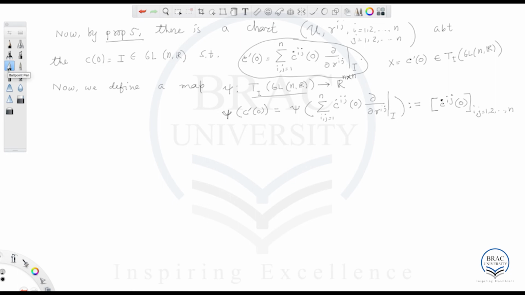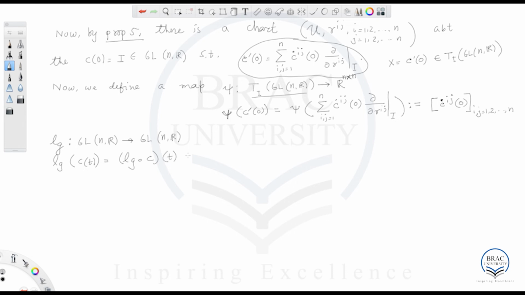Now about this left multiplication map L_g, which is a map from GL(n, R) to itself, right? I have defined this map before. Now, how about L_g acting on this curve C(t) in GL(n, R)? That is nothing but the composition of these two maps, L_g composed with C evaluated at t.